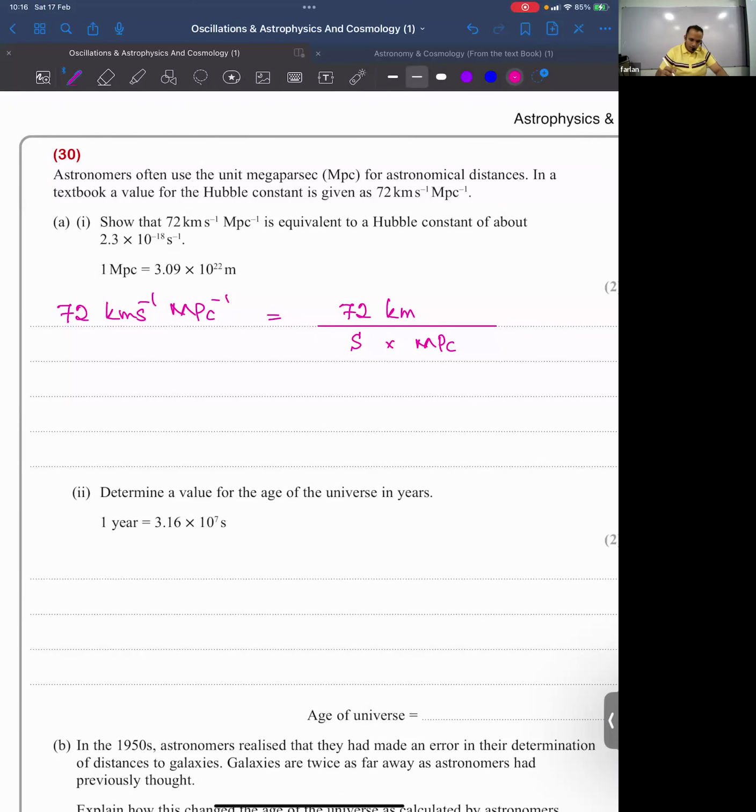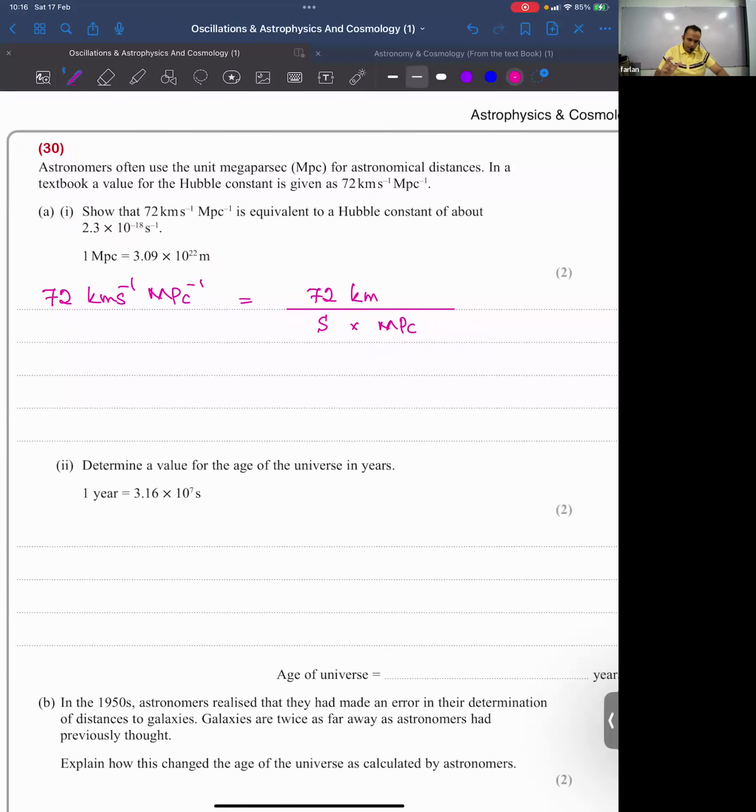Now I want the answer for the Hubble constant in SI units, per second. So do the unit conversion. 72 kilometers will be 72 into 1000 meters over second. 1 megaparsec means 3.09 into 10 to the power 22 meters.